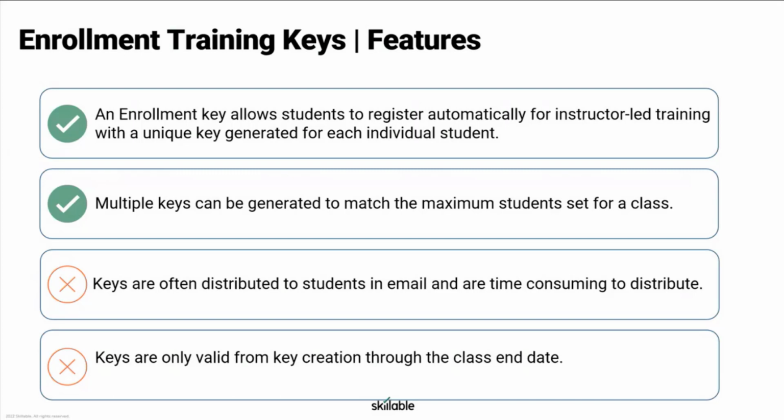It's one key, they redeem it, and they are done. There can be multiple keys that can be generated to match the maximum number of students in the class. So now you can have as many keys. So if you have up to 20 people in your classes, you can have 20 separate different keys.